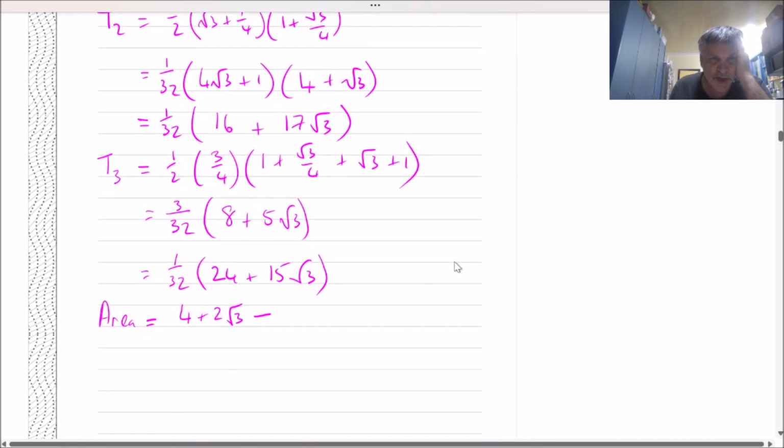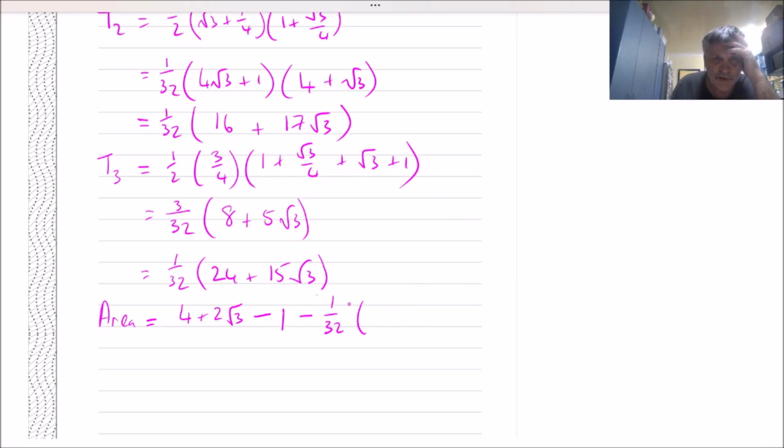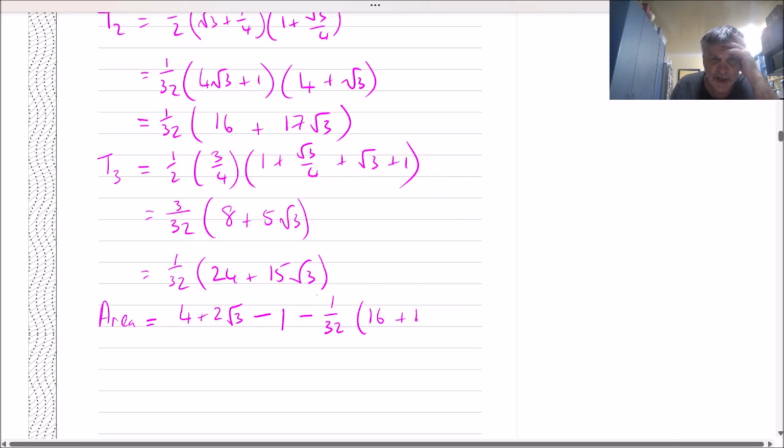So T1 was 1, T2 was 1 over 32 times 16 plus 17 root 3, and T3 was 1 over 32 times 24 plus 15 root 3.